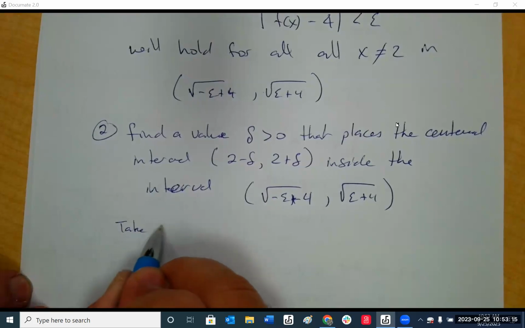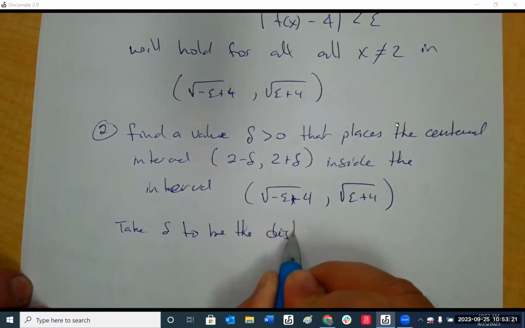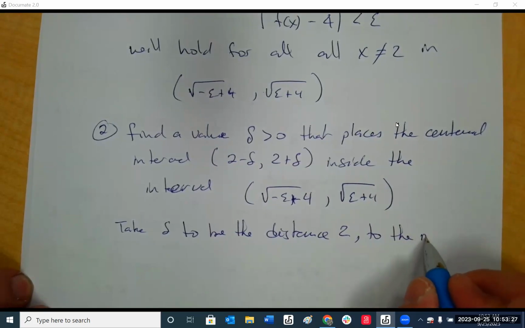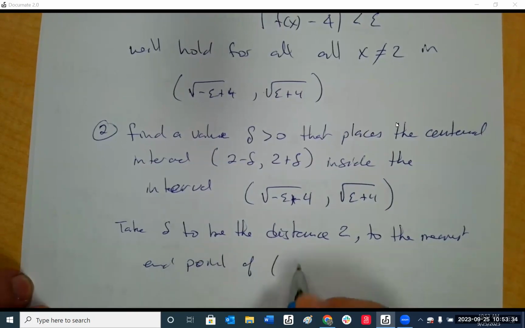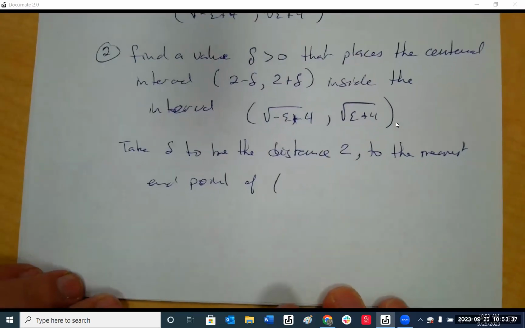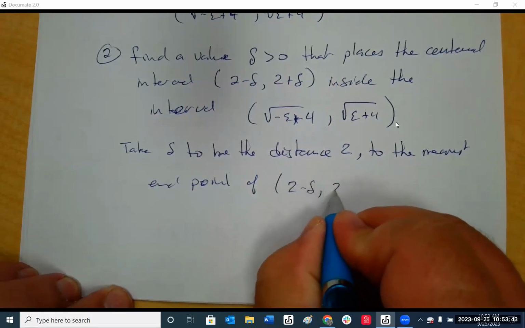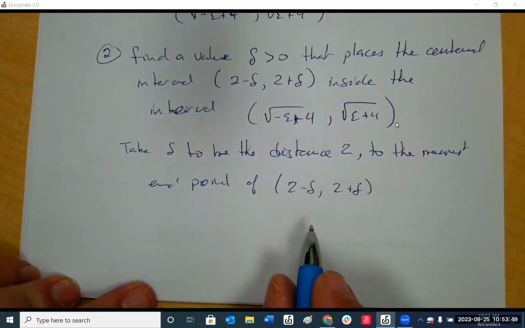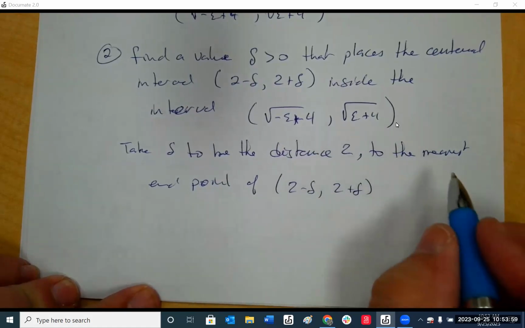So do this: take delta to be the distance from 2 to the nearest endpoint of our interval.